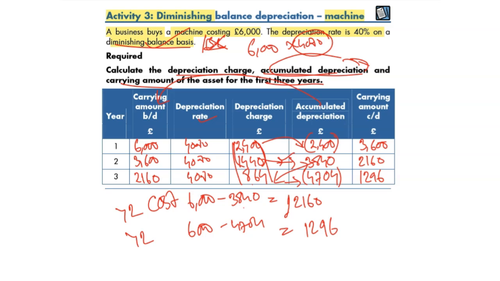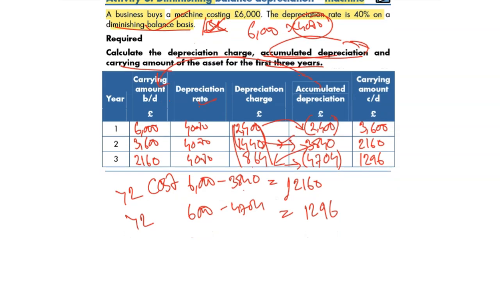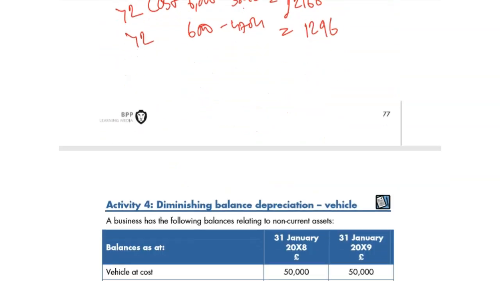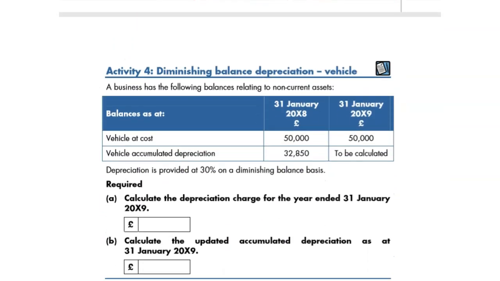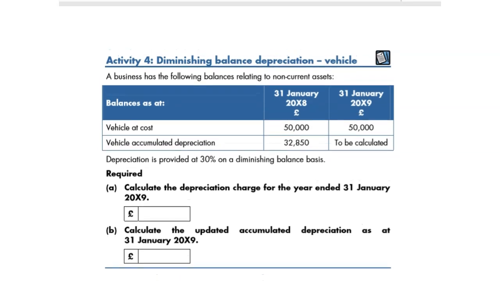Okay people, that's how you calculate your diminishing balance depreciation. I hope there is another activity. Yes, exactly. Activity number 4 is on a vehicle, diminishing balance. A business has the following balances relating to non-current assets, and we have balances at 31st January 2018, that is opening, and 31st January 2019, that is going to be closing.